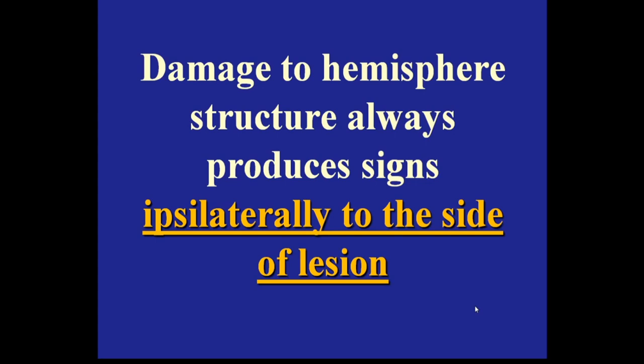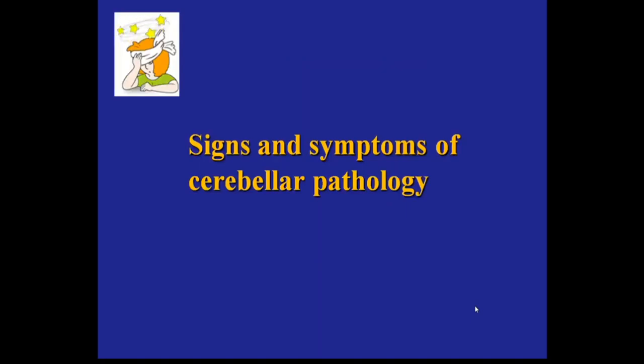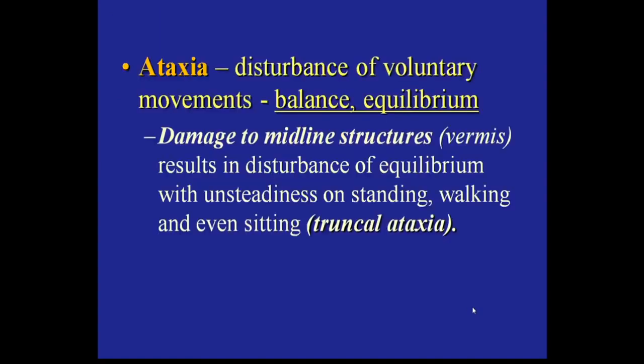In this case, we have ipsilateral regulation and ipsilateral signs of lesion. So, what are these signs of lesion? Signs and symptoms of cerebellar pathology. The next part of our lecture.